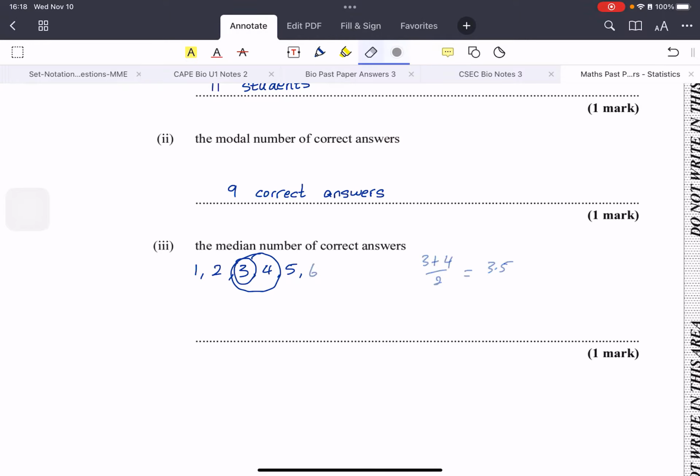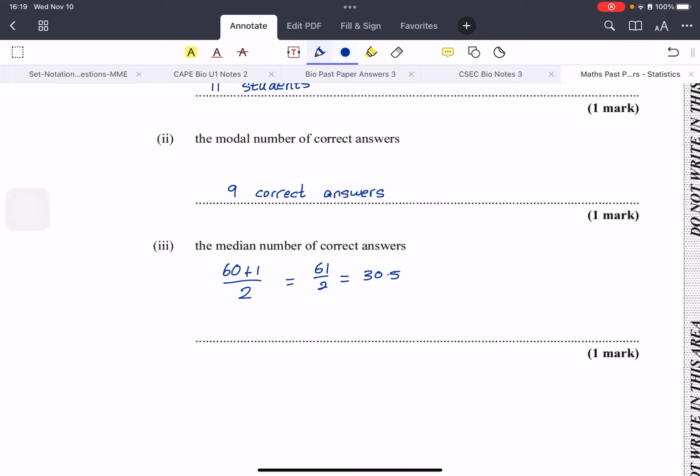But that's not what we have. We have 60 numbers. So instead of writing out 1 to 60 like we did 1 to 6, we can come up with a formula. To find the median of any number, we take the number 60, we add 1 to it, and then divide by 2. If we do this, we'll get 61 on 2, which is 30.5.